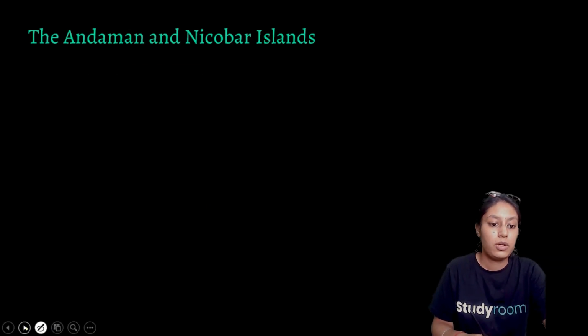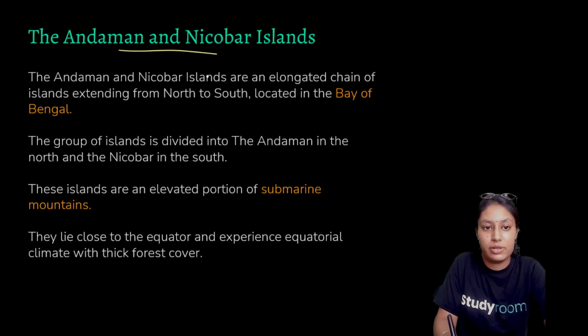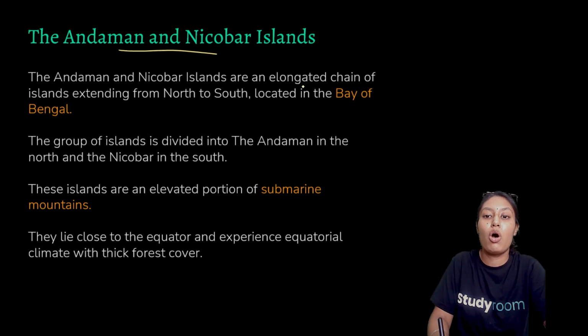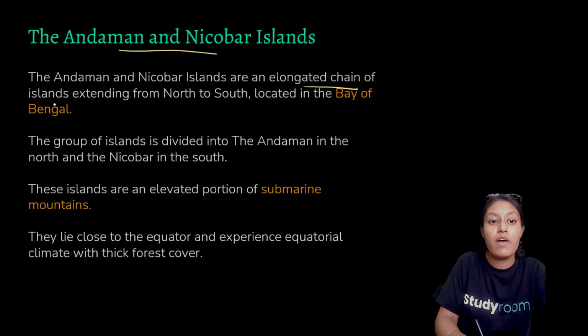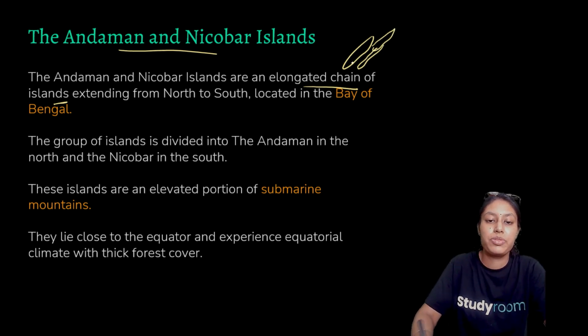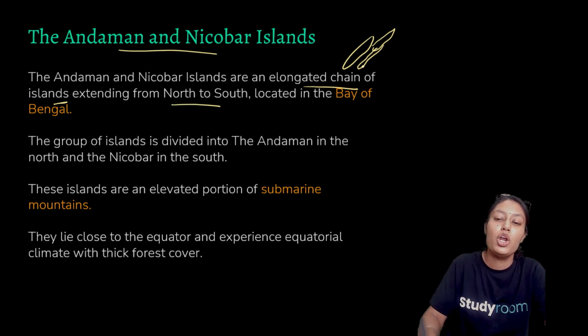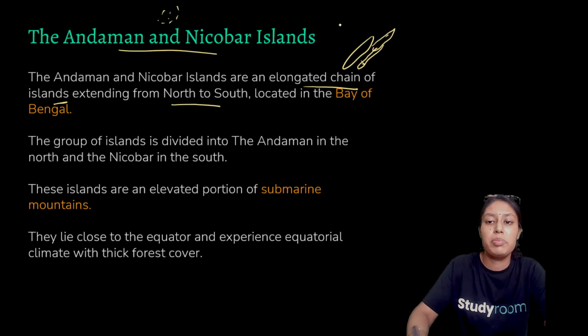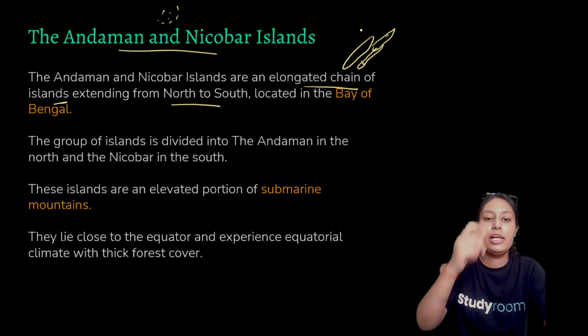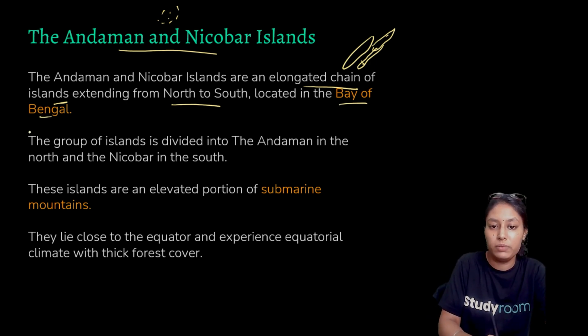Now, the second island group we have is the Andaman and Nicobar Islands. The Andaman and Nicobar Islands are an elongated chain of islands, meaning they have a chain-type structure, extending from north to south. Lakshadweep is placed like this, right? But Andaman and Nicobar are like logs, and they're located in the Bay of Bengal.